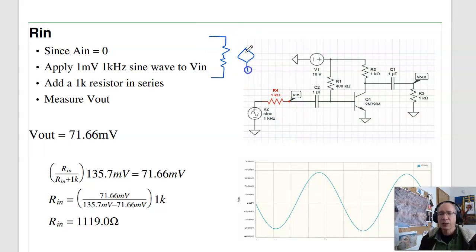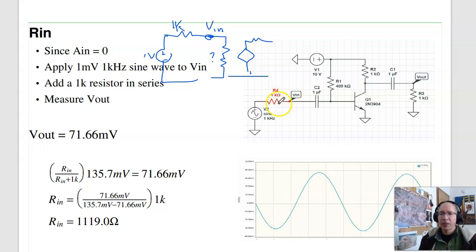here's my circuit, my two-port model. I want to find this term. One way to do that is add a 1K resistor in series. By voltage division, Vin will drop and Vout will drop.